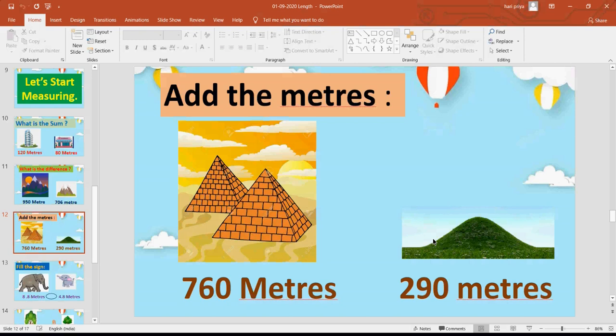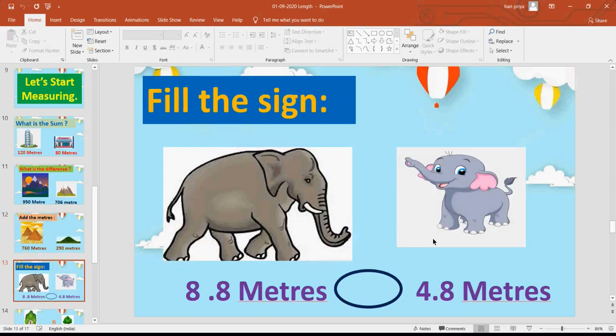Okay. So the next question is something different. You are going to fill the sign and tell me which number is the greater number. If you see, there is a big mother elephant and the baby elephant, right?